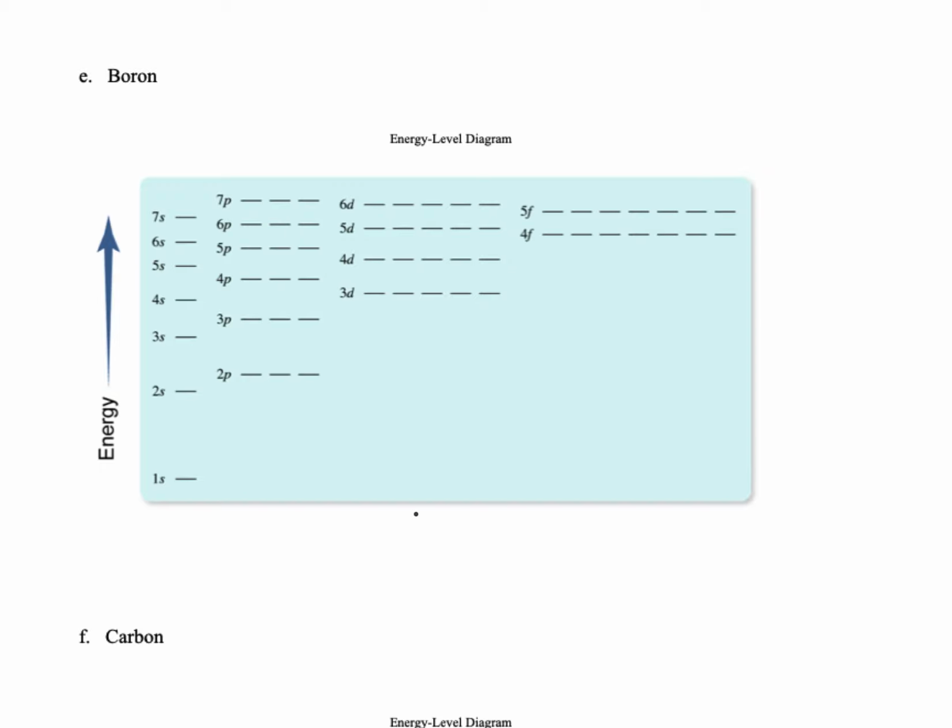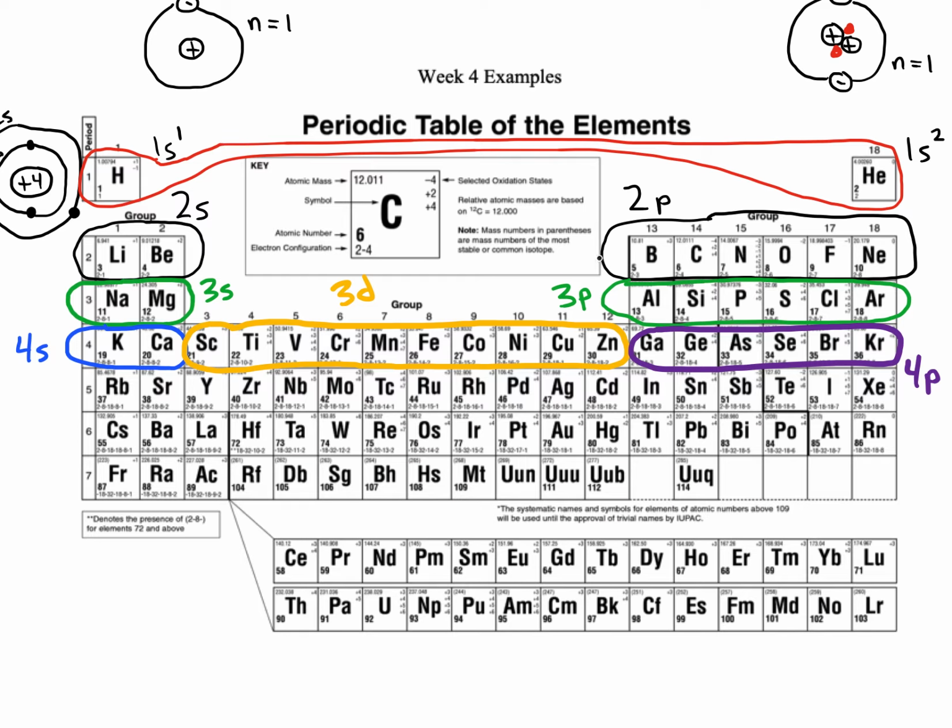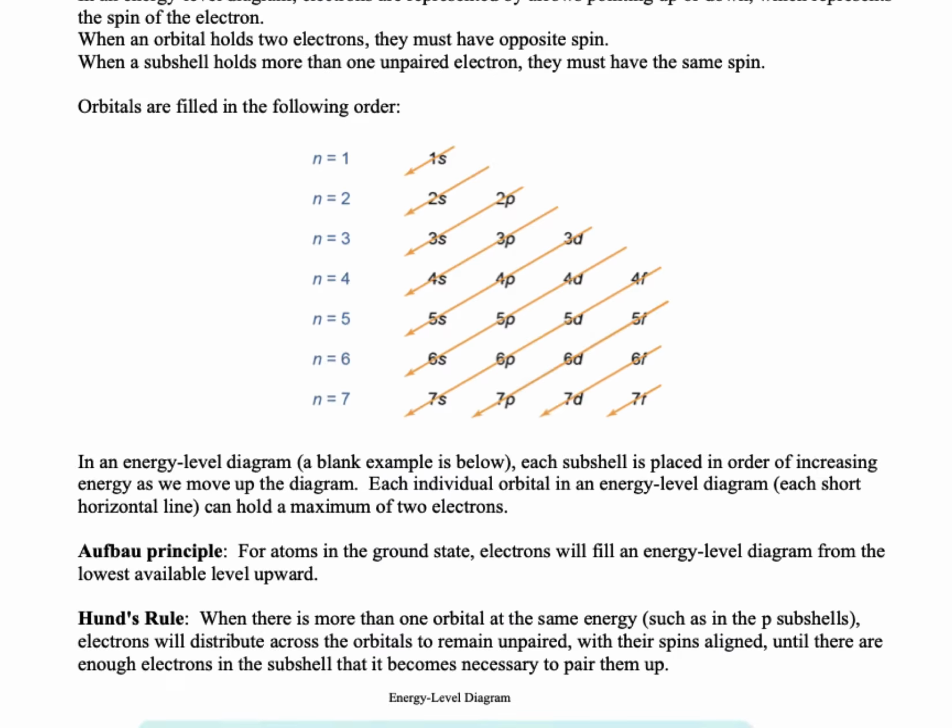For boron, we're going to have everything that beryllium had and more. So the 1s will be filled, the 2s will be filled, and we can see we are now going to jump across to the 2p type of subshell.